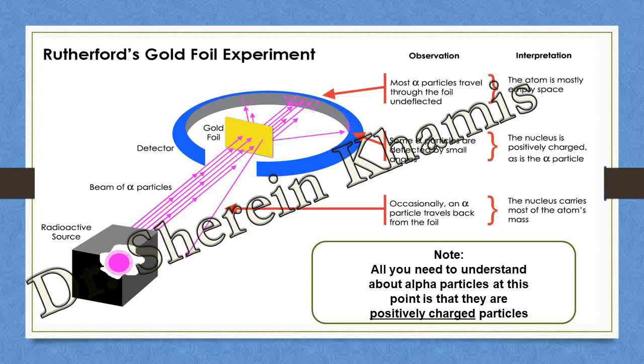What is the observation here? We have three observations, and we must concentrate on each word. The first one: most alpha particles travel through the foil undeflected, or travel in a straight line. We can stress the word most. If you have a street with nobody traveling in it, you can move fast.